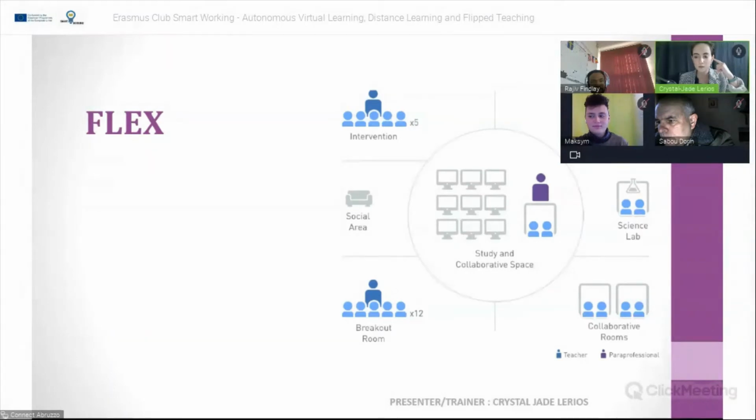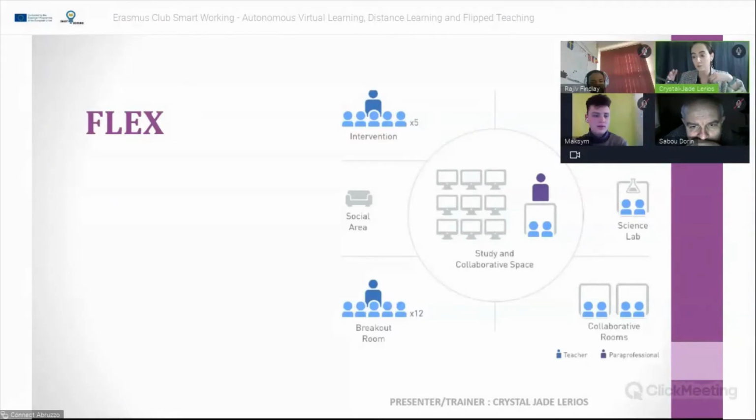What we see in schools that use flex is that the way they treat their environment is very flexible. What I mean is there's a bit of controlled chaos. If we don't have our traditional classrooms anymore, there might be a quarter of your students in the classroom, the other ones might be in the lobby, the other ones might be outside. But for a school to be able to do that, they need to have a lot of people supervising all over, and you can't jump into this model so quickly.